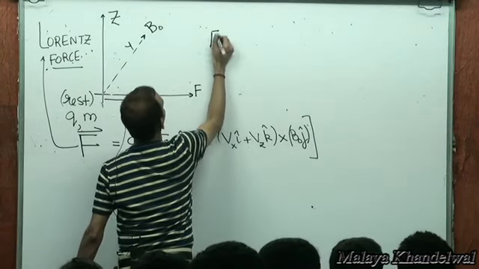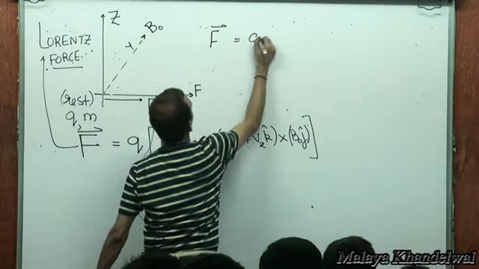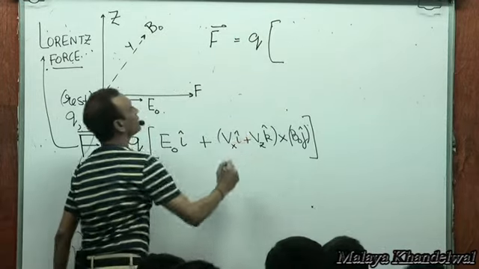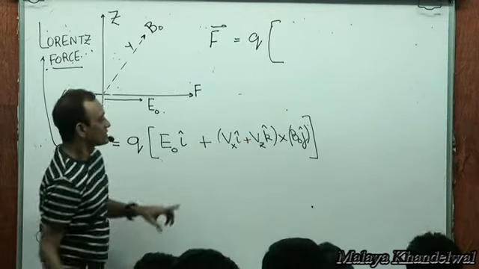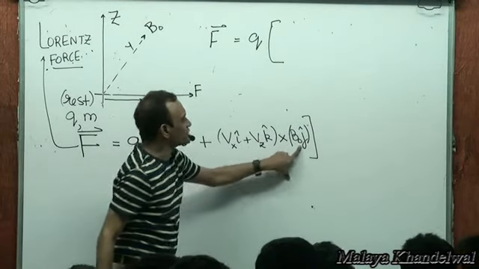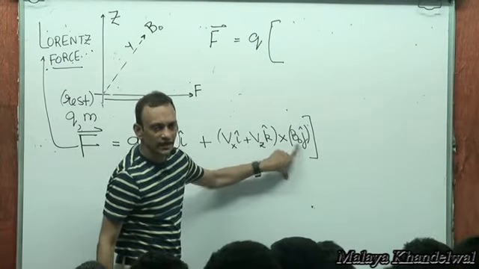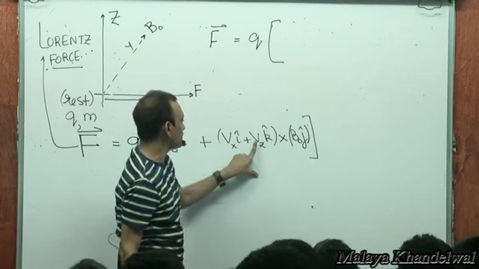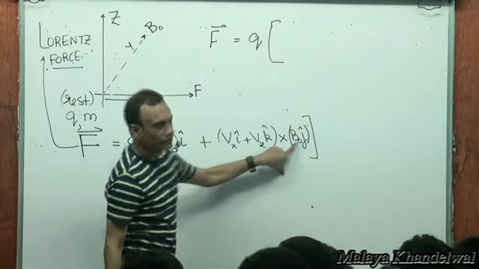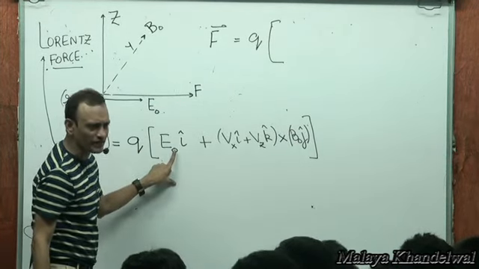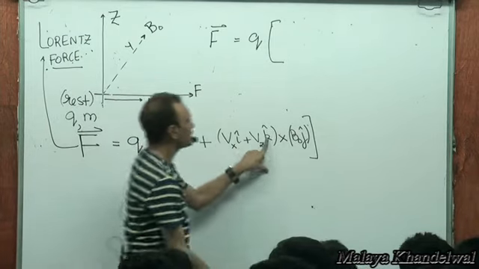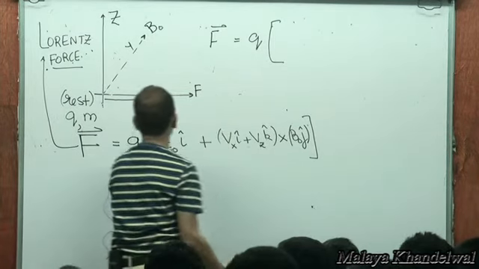See, F is like Q into K cross J is minus I, isn't it? K cross J is minus I. So we have a minus Vz B naught, which I can club with this because it's going to give me an I cap. K cross J is minus I, which I club with this.